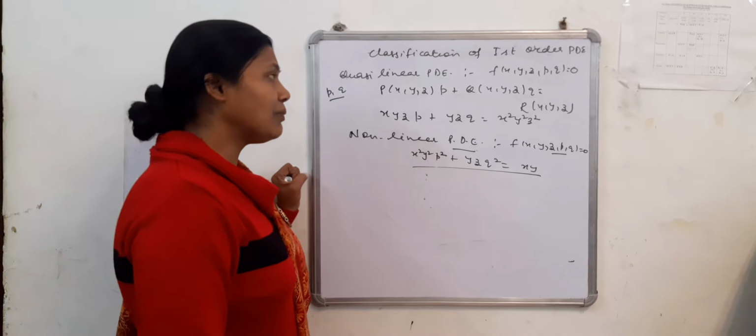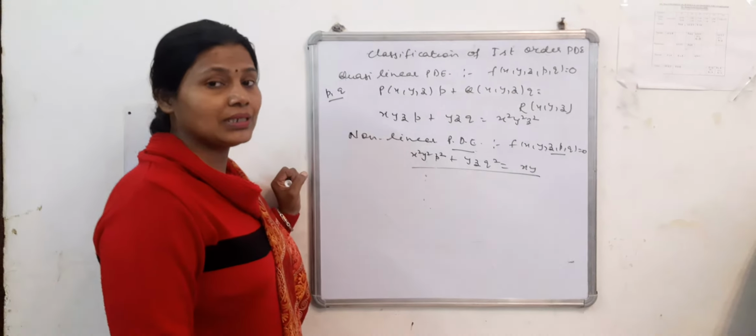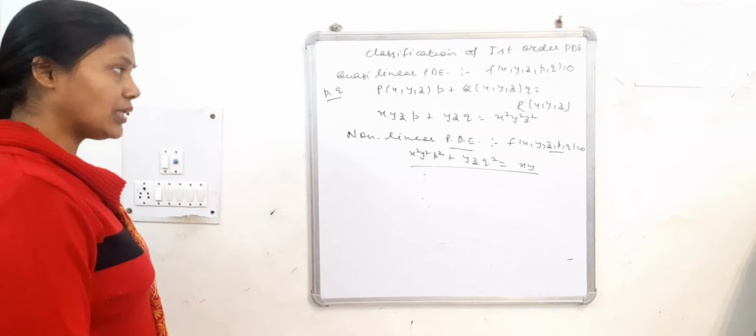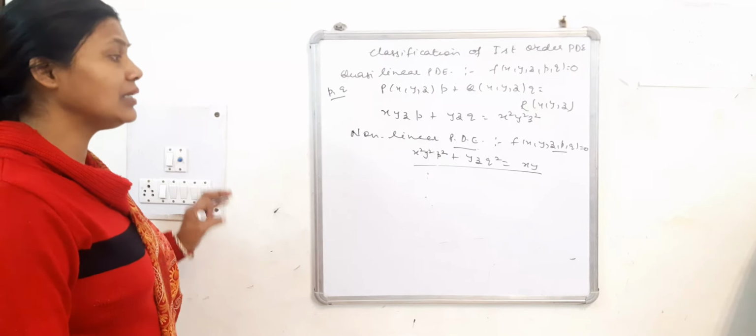These are about the classification of the first order partial differential equation. First order partial differential equation can be classified into 4 types: linear, semi-linear, quasi-linear and non-linear.